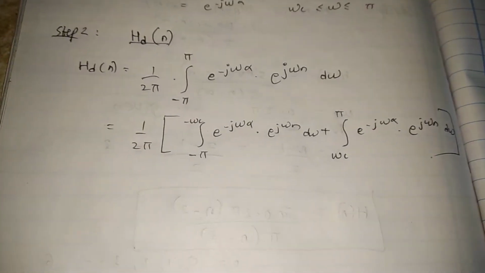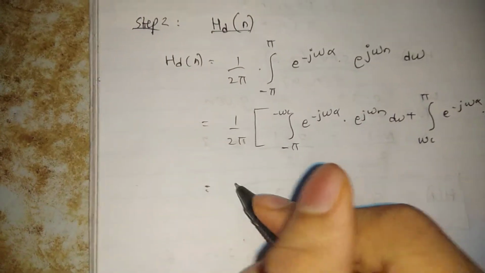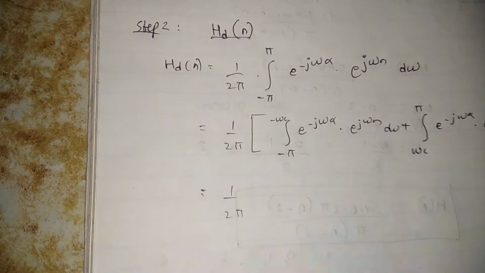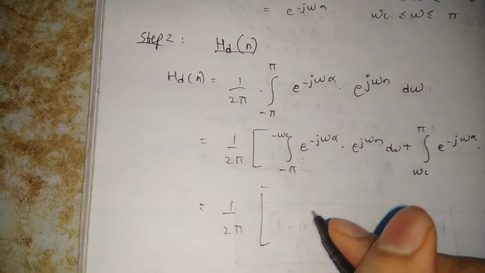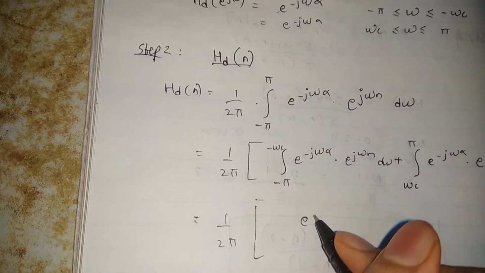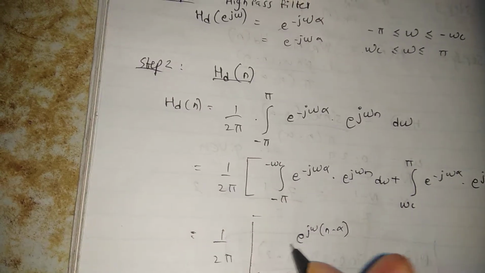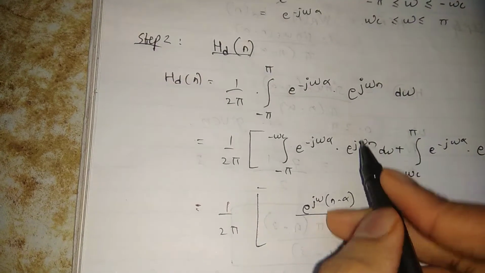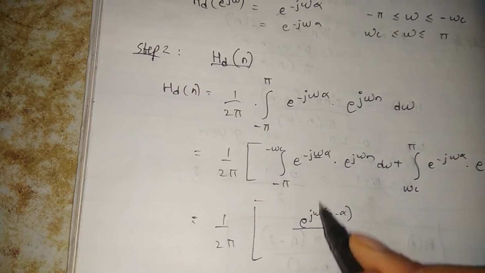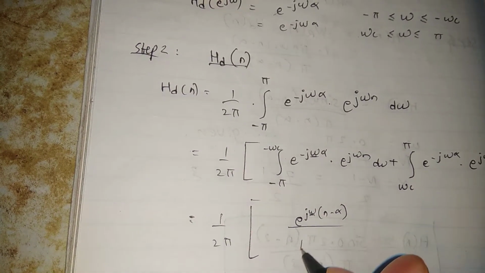After writing this much, now it's time to take common between these two. E raised to j omega (n minus alpha) upon j (n minus alpha), because we are integrating with respect to d omega, so leaving the omega term, whichever term is remaining you write in the denominator.